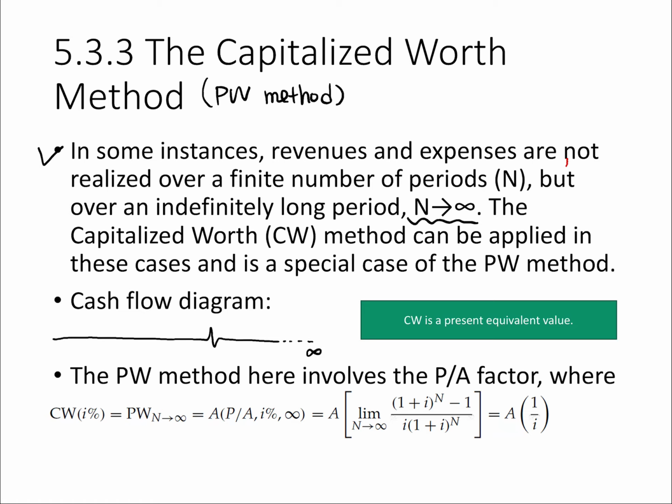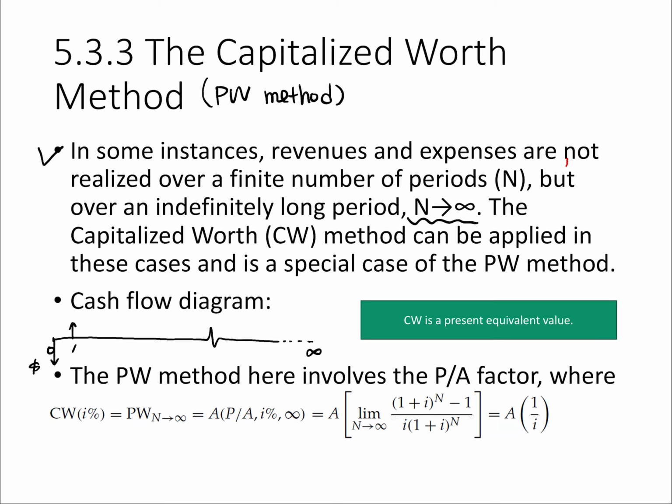Because we are looking at an infinite timeline like this. It's infinite, so I don't know where the end of the timeline is. At the beginning, you might invest some amount to build a bridge, and then every year that bridge is serving the traffic and the community. Those services generate economic impact, which can be calculated as some receiving in the society.